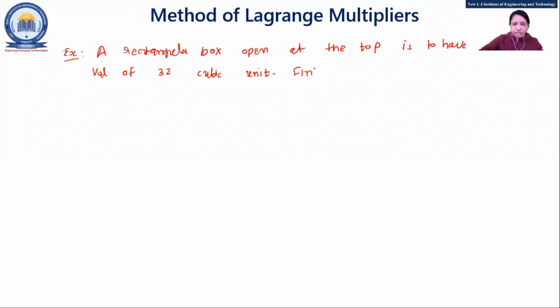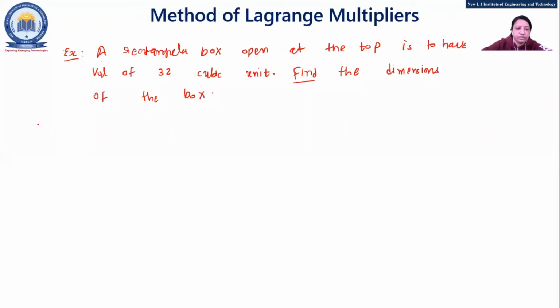Find the dimensions of the box. When you use the Lagrange multiplier method, this kind of problem comes up. Find the dimensions of the rectangular box open at the top with a volume of 32.